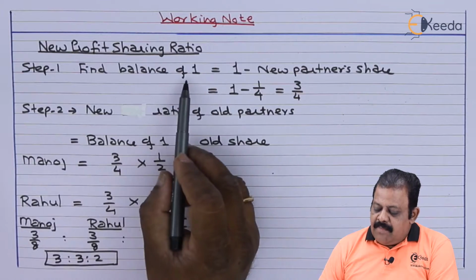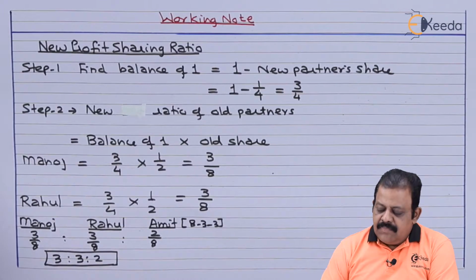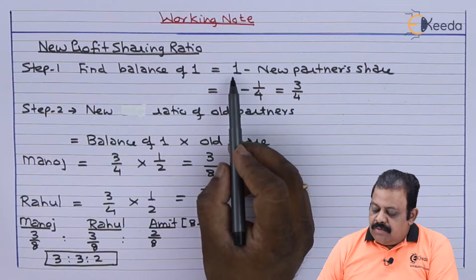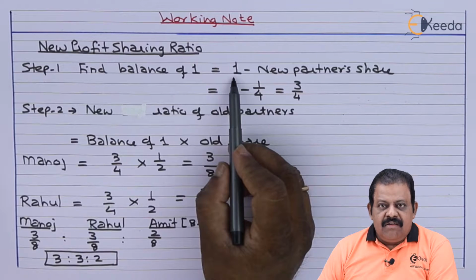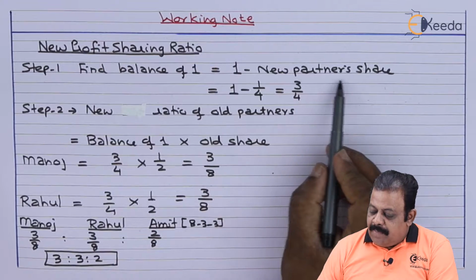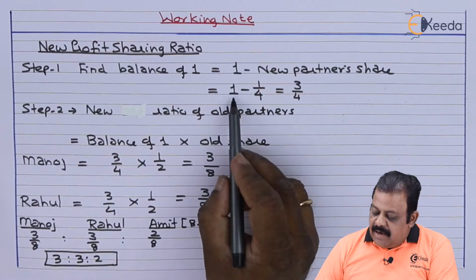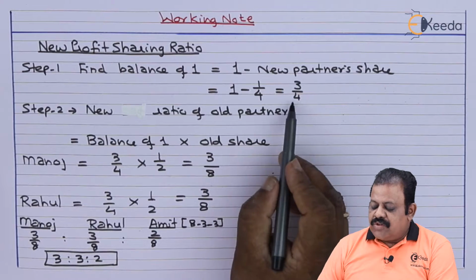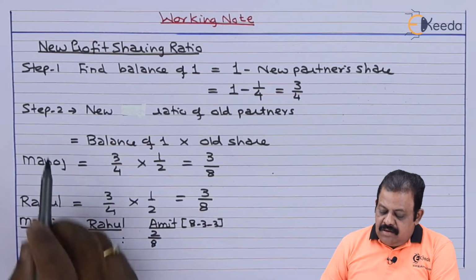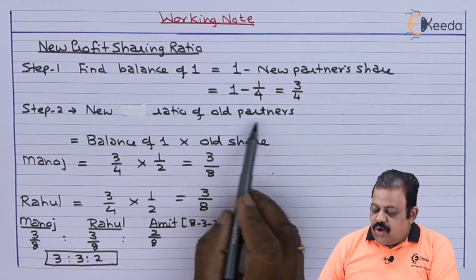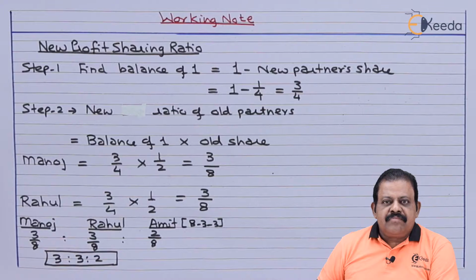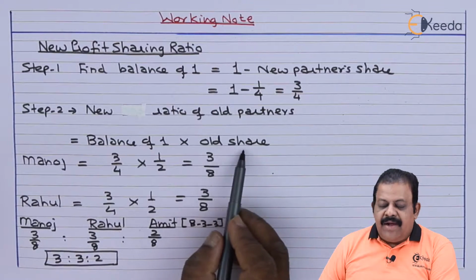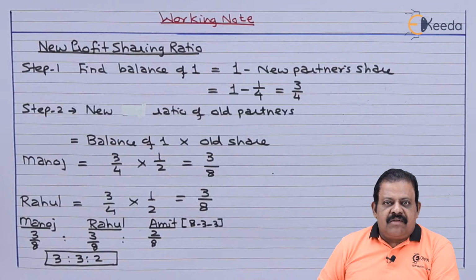Step 1, find balance of 1. That is, if we assume profit of the new firm ₹1, we have to deduct the new partner's share. So 1 minus new partner's share 1/4 comes to 3/4. Step 2, new ratio of old partners. Formula is balance of 1 multiplied by old share of old partner.